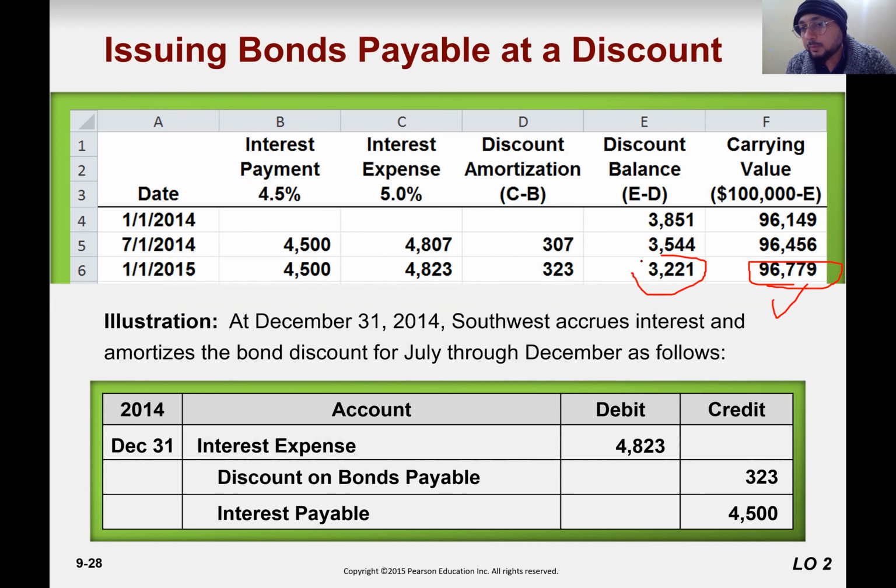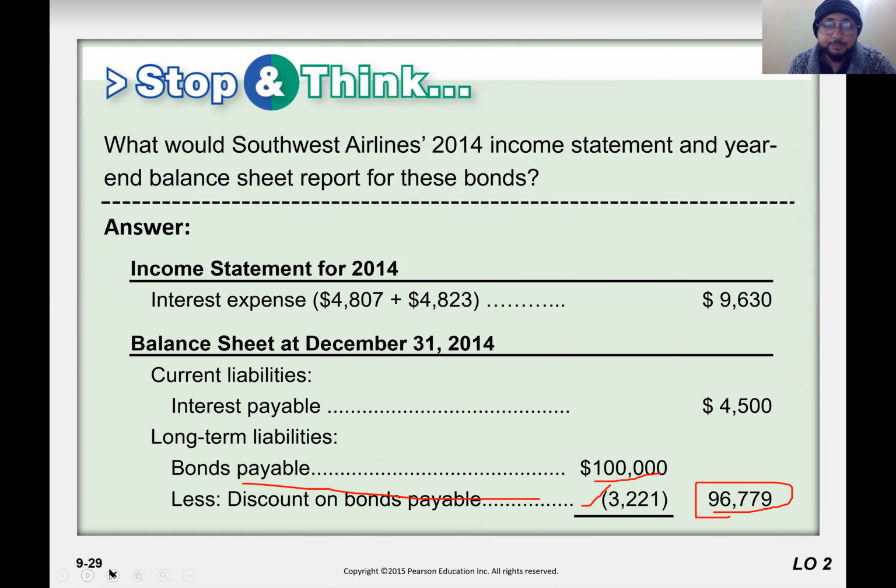This is the amount of discount left, and our target value to reach is 100,000. So this is the value of the bond, right? This is how we write it down. Bonds payable 100,000 less the balance of discount, and if you subtract that, the answer would be 96779, right? So you see, we first recorded 96147 when we issued that bond.